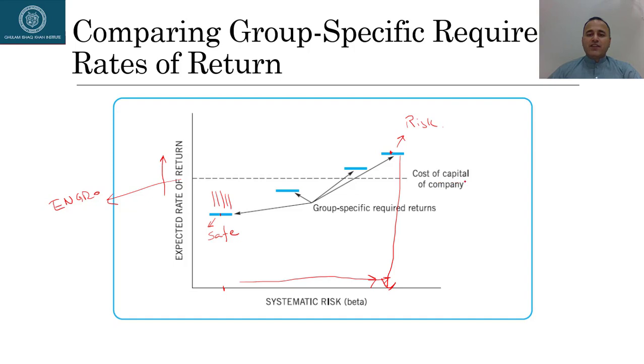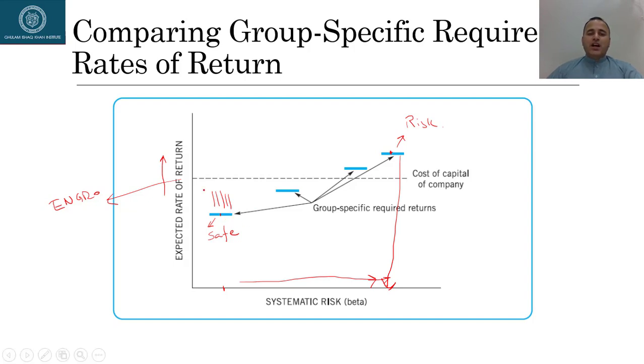So this is the cost of capital for a company, right? But if we divide cost of capital group-wise, like for food, for chemicals, and let's say for fertilizer, one line of business is more risky than the other, and similarly the risk associated with it and the expected return associated with it are different.